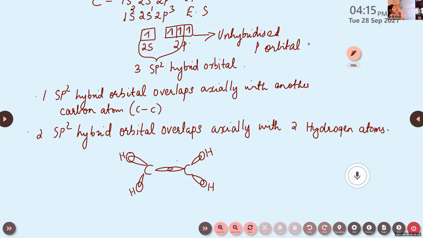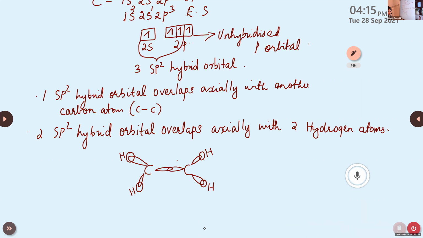These two unhybridized p orbitals will overlap sidewise with each other. And we have learned that if there is sidewise overlapping, only pi bonding is possible, right? So due to the presence of this unhybridized p orbital in the carbon atom, there will be sidewise overlapping between two carbon atoms. Okay, so you can write this point here.